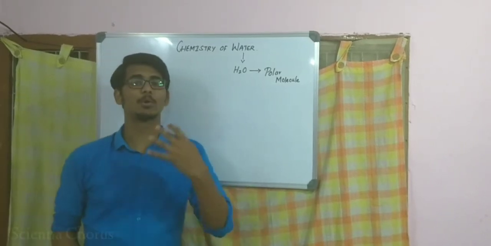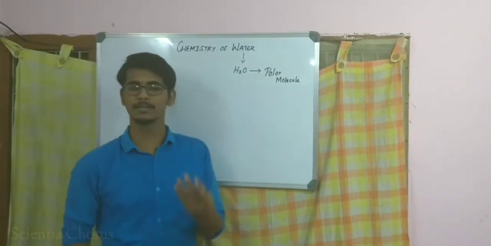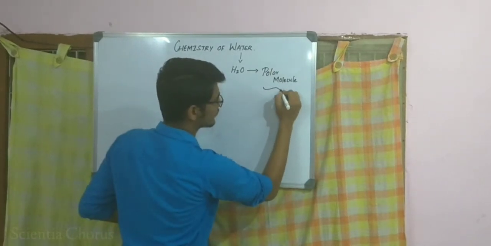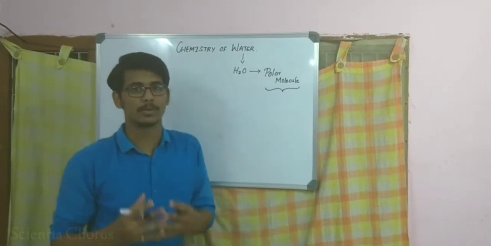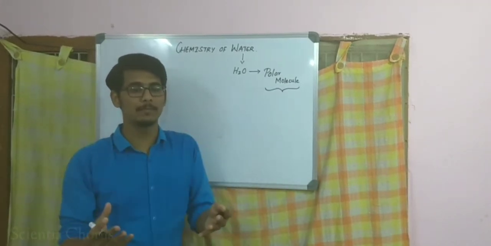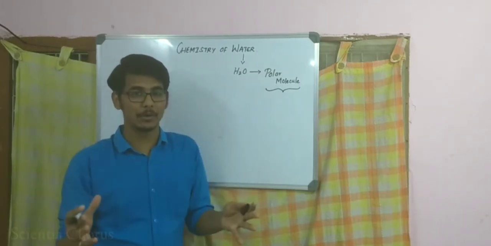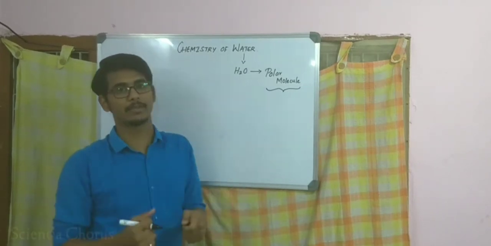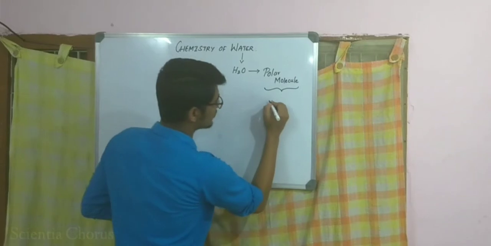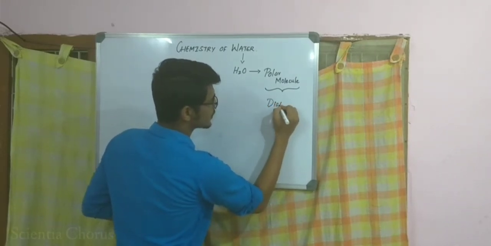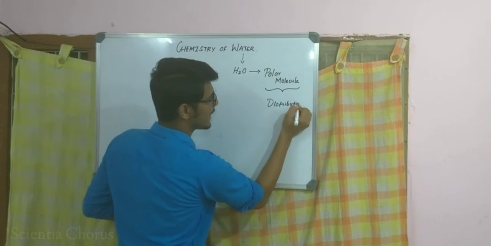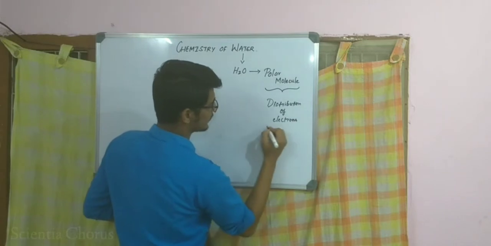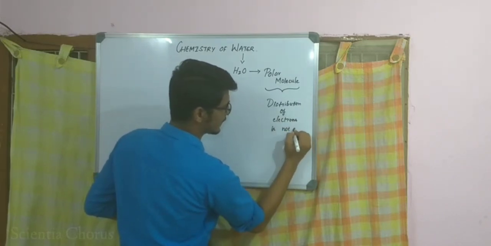Now first let us understand what a polar molecule is, and why water is considered a polar molecule. A polar molecule is one where, when a chemical compound is formed, the distribution of the electrons between the covalently bonded atoms is not even.